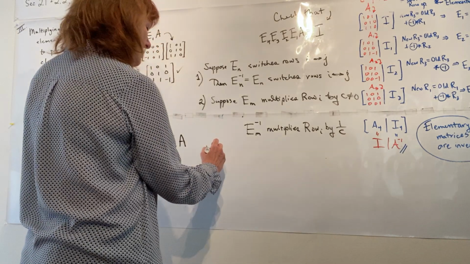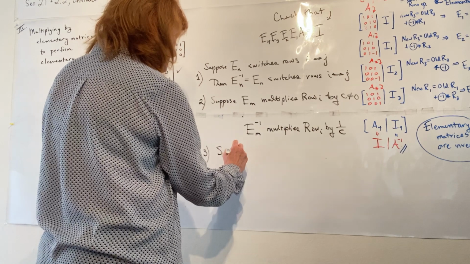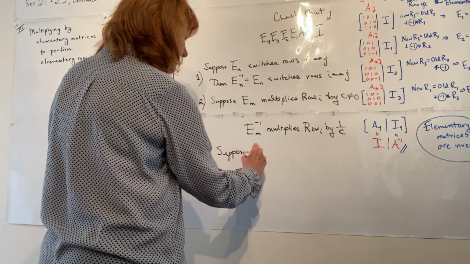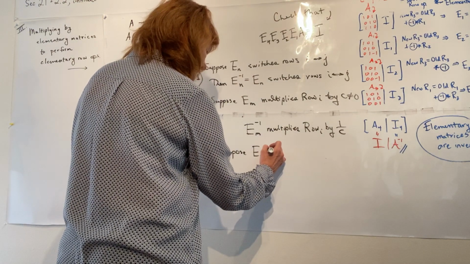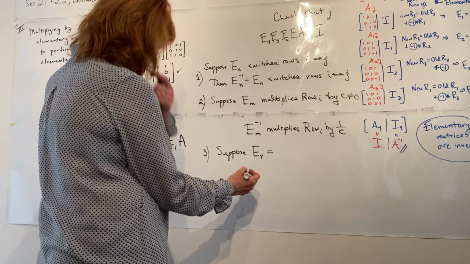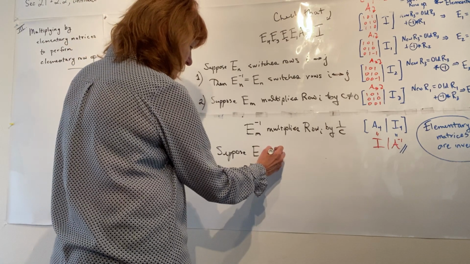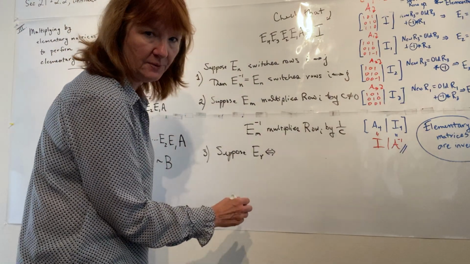Easy enough to come up with an elementary row operation that does that. Third, this is the trickier one, right? Suppose ER, again, I'm going to describe it as equivalent to doing this operation. To describe it, I don't use English so much as that notation.